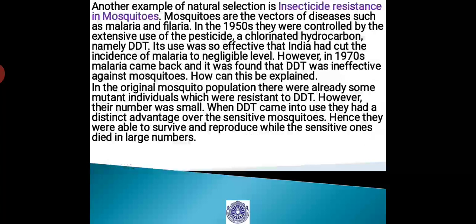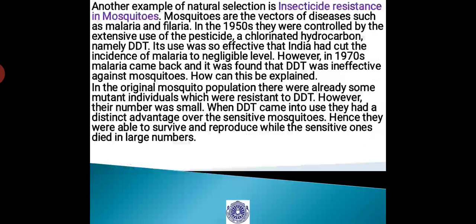Its use was so effective that India had cut the incidence of malaria to a negligible level. However, in the 1970s, malaria came back and it was found that DDT was ineffective against mosquitoes. How can this be explained? In the original mosquito population, there were already some mutant individuals which were resistant to DDT.